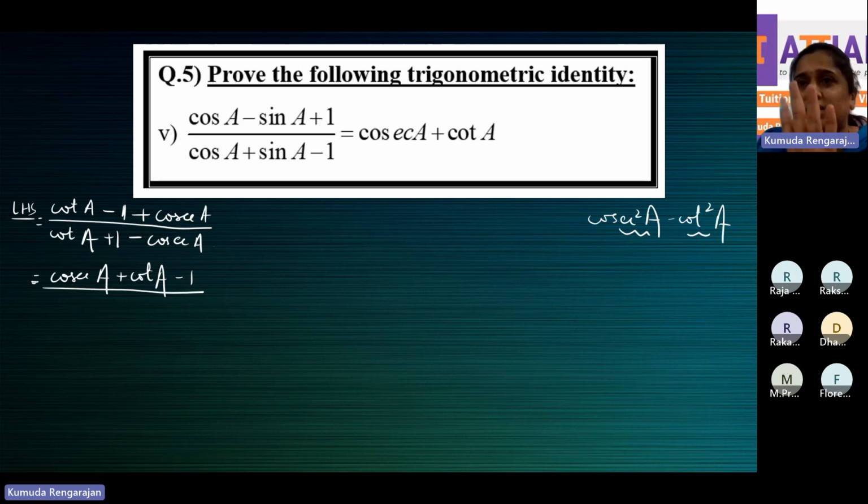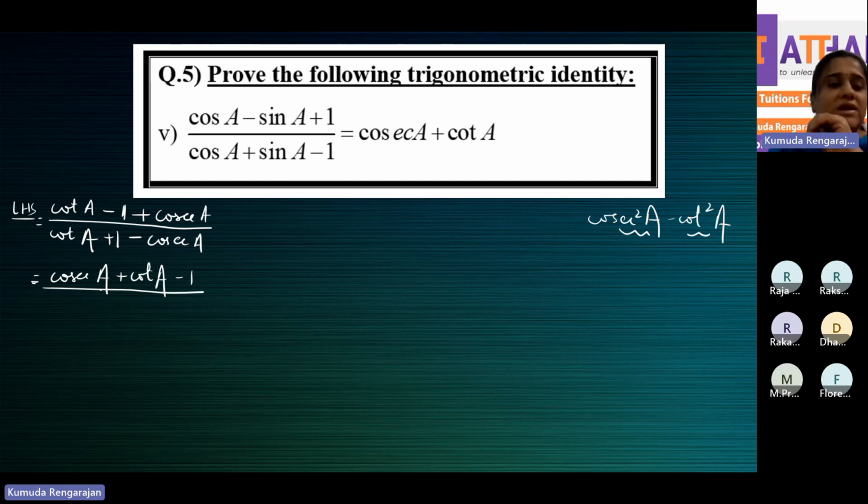What is the next step actually? In the numerator, there is 1. And that 1 should be replaced with an appropriate identity. And the identity here is cosecant square A minus cot square A is 1. Since we have those ratios here, we have to take away the 1 from the numerator and write cosecant square A minus cot square A. Rearranging the terms is also fine, but just for clarity, we write cosecant A first, then cot A, and then minus 1 in the end.